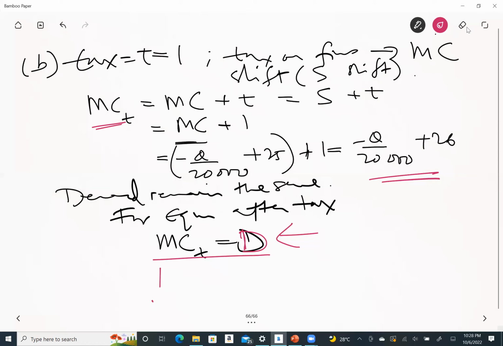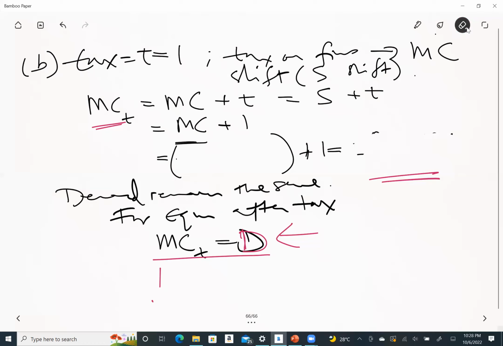I made a mistake. I thought that was the supply function. So it should be the supply, meaning Q over 30,000 plus one. No need for brackets since there is only one term.